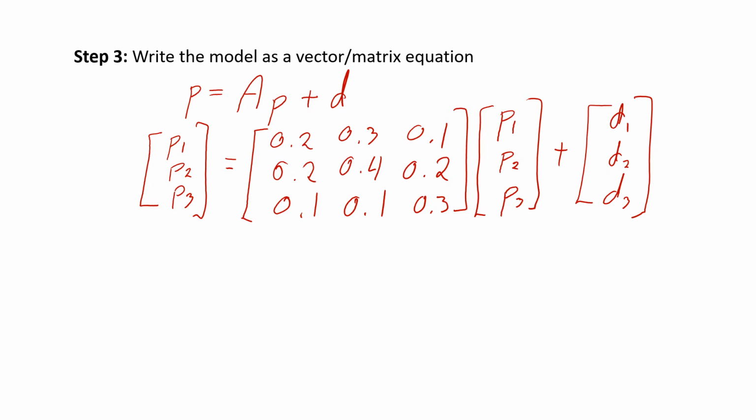But then remember, we took this and we simplified it down to I minus A times P equals D. So what's this?